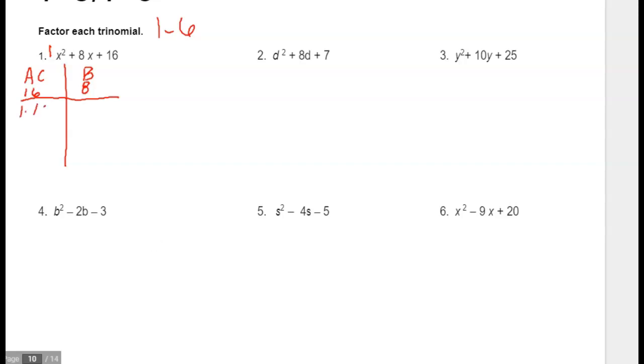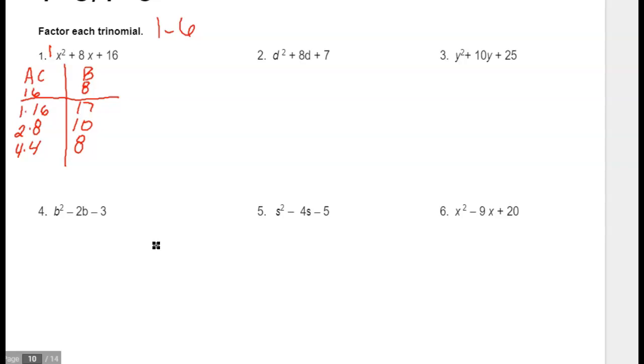So 1 times 16 multiplies to get 16 and it adds to get 17. 2 times 8 multiplies to get 16, adds to get 10. Can't do 3, but I can do 4. 4 times 4 is 16. 4 plus 4 is 8.